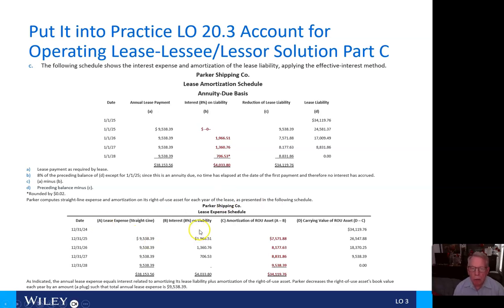Now, from Parker's lease expense schedule, here are our lease expenses. Here are our interest on the liability and the amortization of the right-of-use asset and the carrying value of that right-of-use asset.